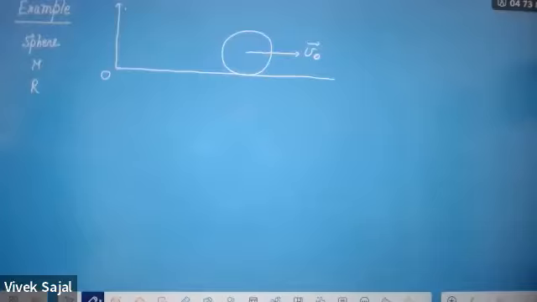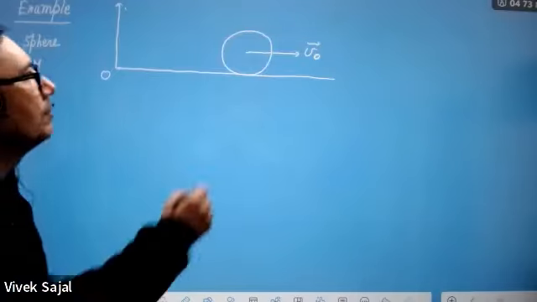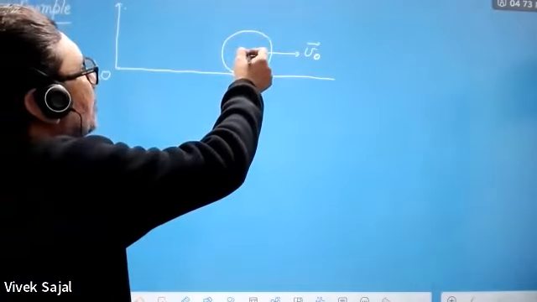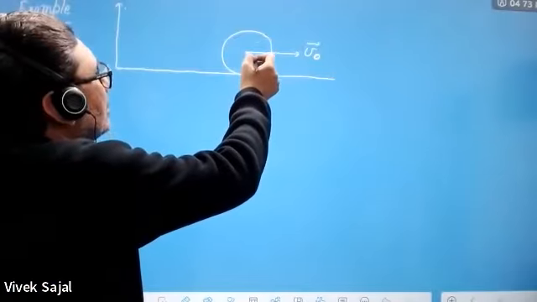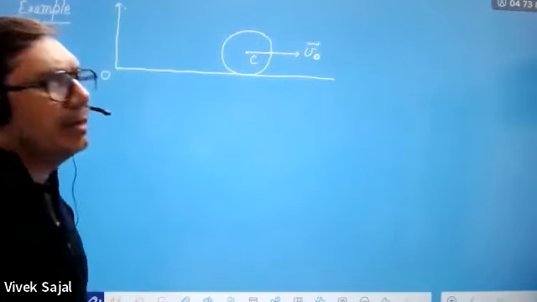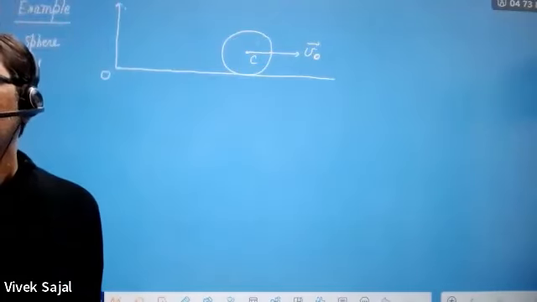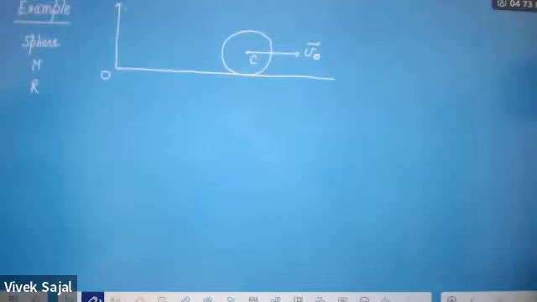A part A. Find its angular momentum about its center of mass C. Here I am saying this is center of mass C. B part.